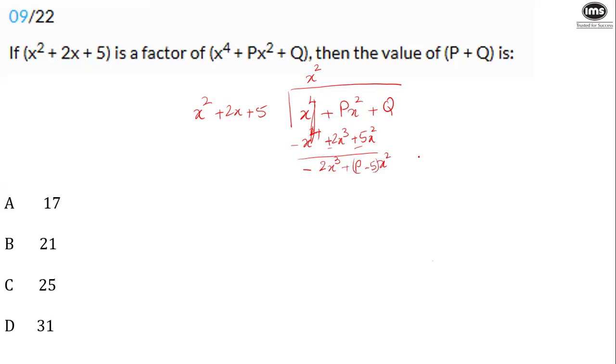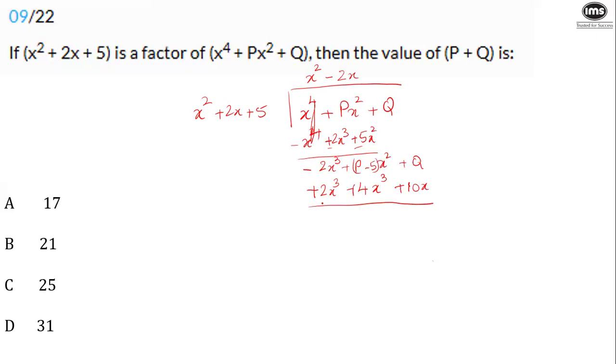And of course, we have a plus q. Now we want to remove minus 2x cube, so multiply by minus 2x. Minus 2x into x square is minus 2x cube. Minus 2x into plus 2x is minus 4x square. And minus 2x into plus 5 is minus 10x. So change the sign and simply add.